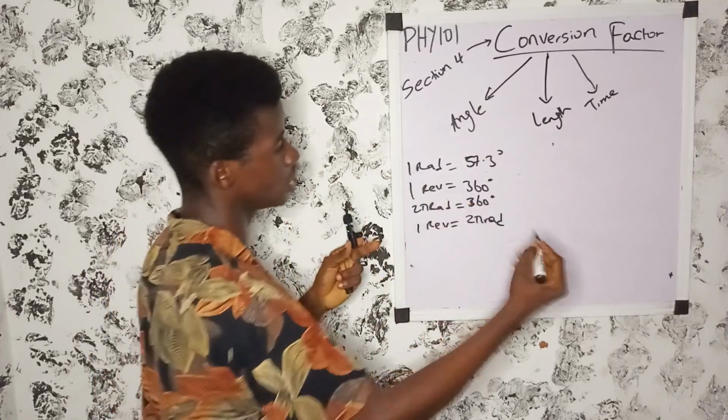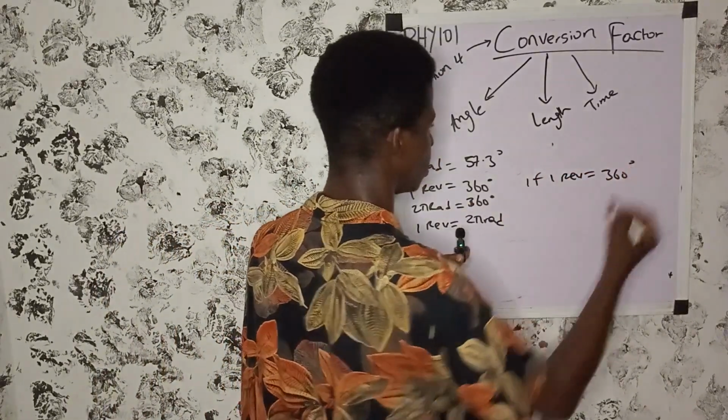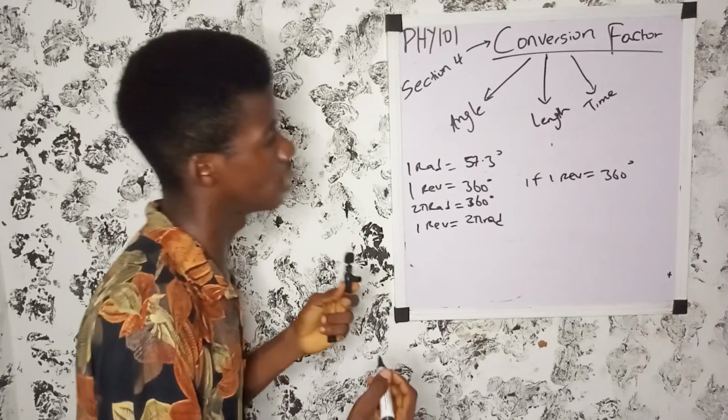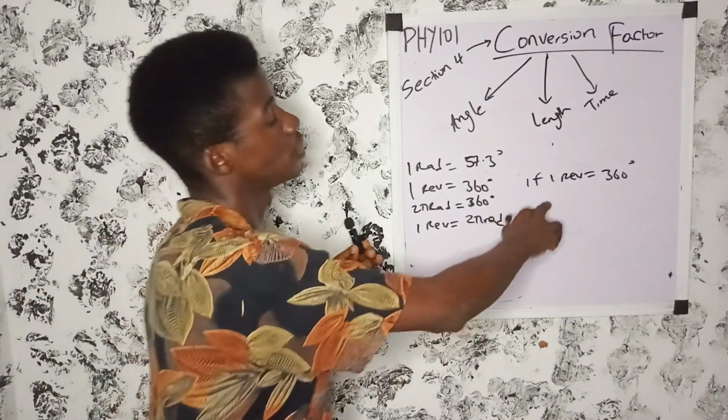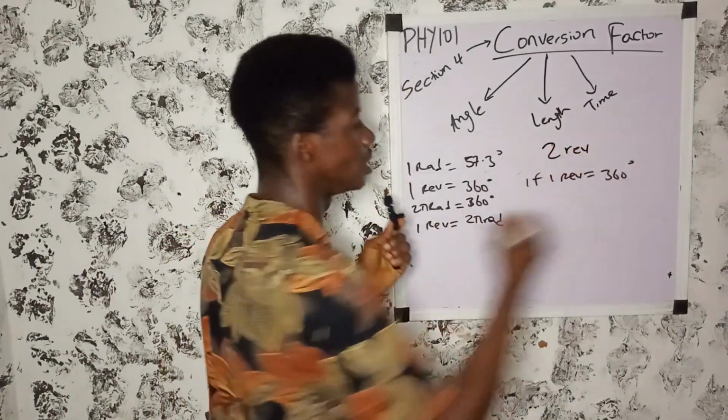You just say if 1 revolution is equal to 360 degrees. For example, they ask you to convert from revolution to degree. Let's say they say convert 2 revolution to degree. It's very easy.